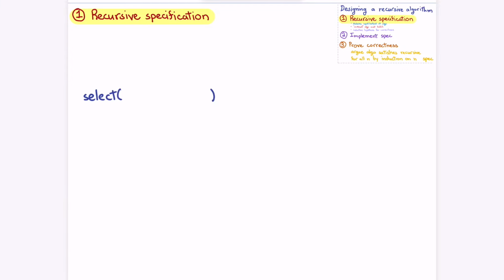Okay, let's put the input A in there. Yeah, yeah, yeah, this rank K. Okay, good. So those are our input parameters. And now we just have to describe kind of what the input is and what we're trying to return.